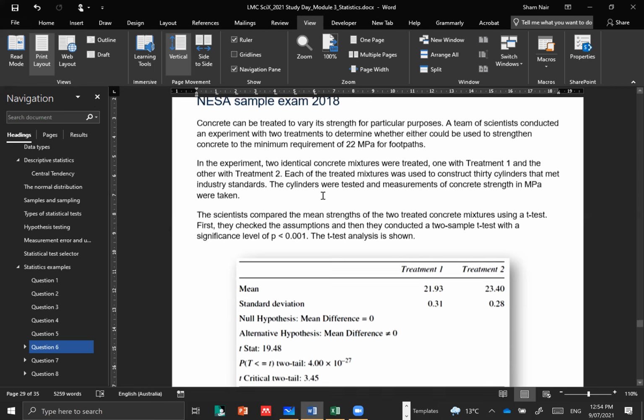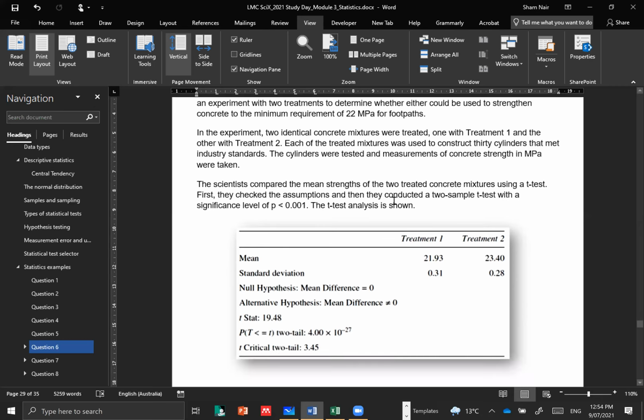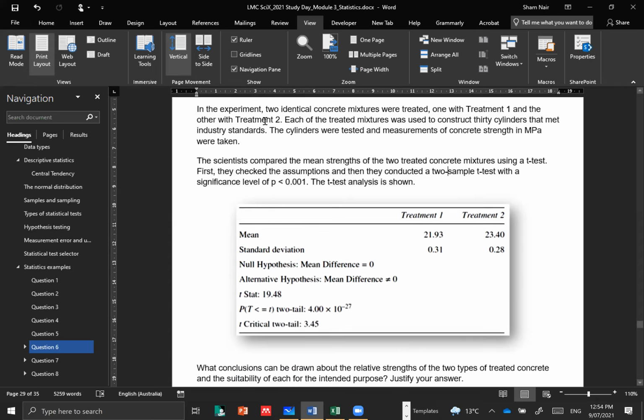Then some strength data was collected. You're then given some information about the statistical test that was performed. You're told that it's a t-test, and that the p-value significance level, the alpha value, is 0.0001.